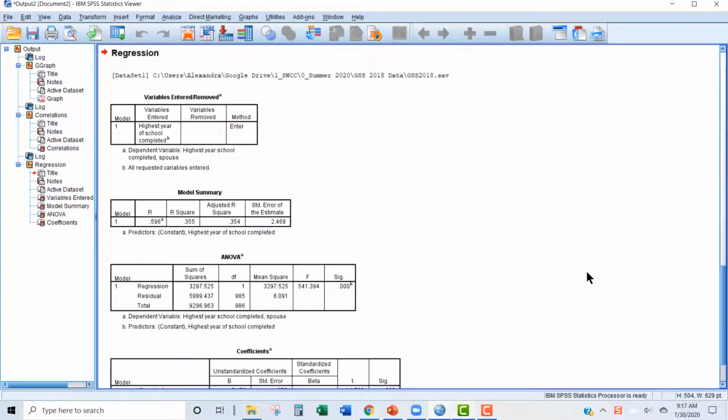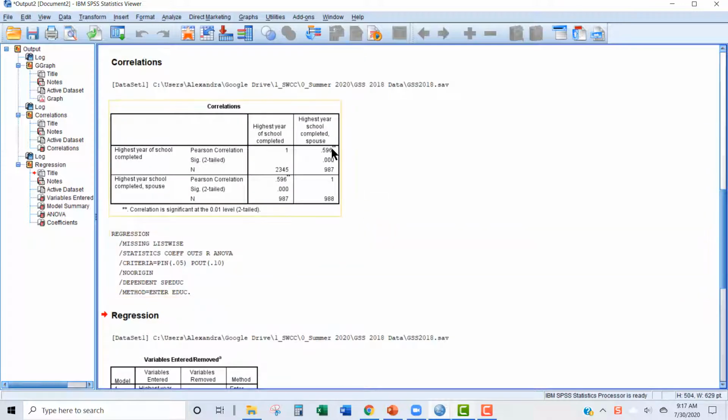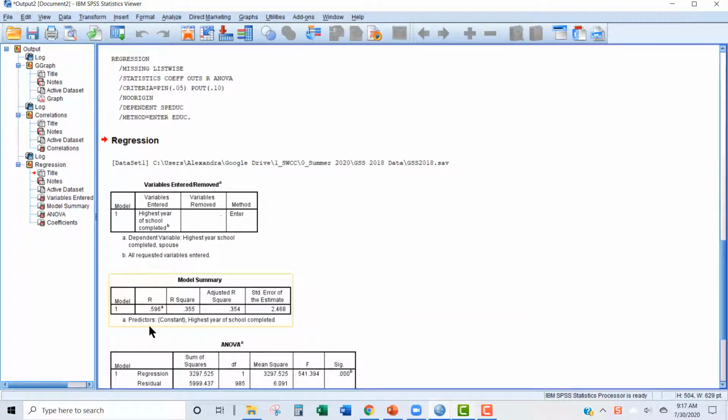So first, again, we want to see if the relationship is statistically significant, and whether someone's education can be seen as a useful predictor for the spouse's education. So here we can see our R again. That's the same as up here, right? It is 0.596. So that is the correlation, and we said that was moderately strong.